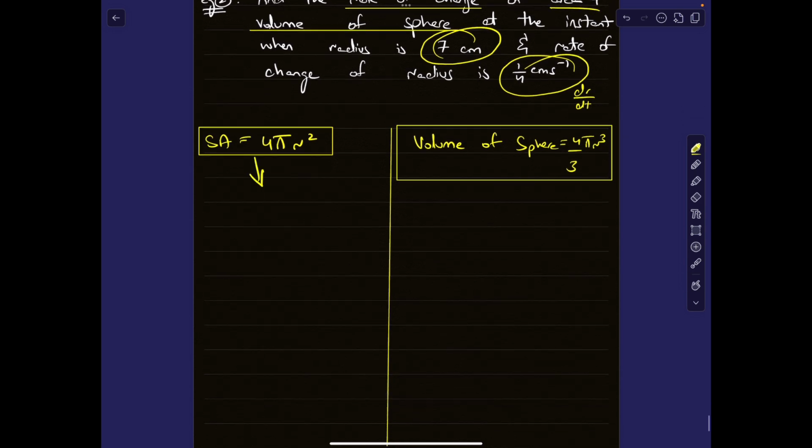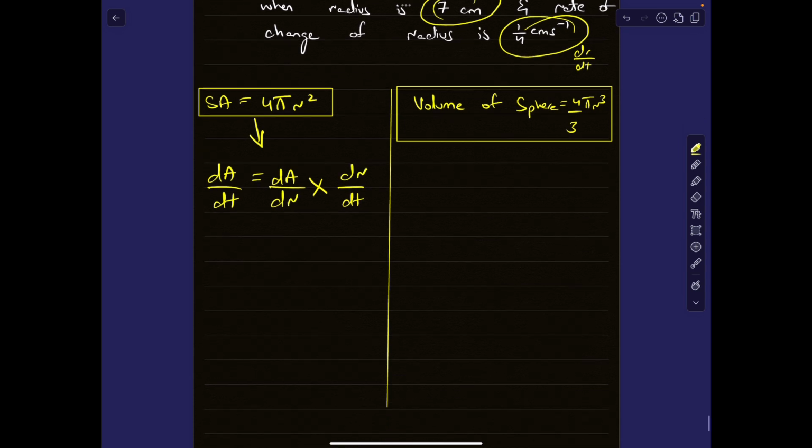In the first column, we'll work for rate of change of area. We'll form the chain rule as this. So we have dA over something and something over dt. The third variable is the radius. So we write that down. This is our chain rule form.